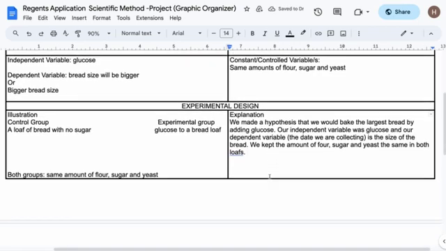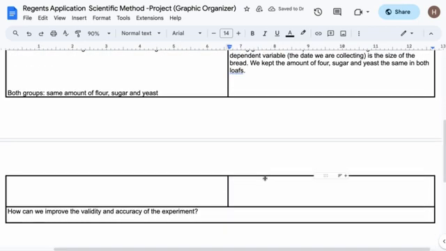And lastly, I thought there was one more question we had to answer. Yes. How could we improve the validity and accuracy of the experiment? This is something you need to think about. Well, is the experiment as valid when you bake one loaf without sugar and one loaf with glucose as it is when you bake 10 loaves or maybe 100 loaves? Think of sample size.